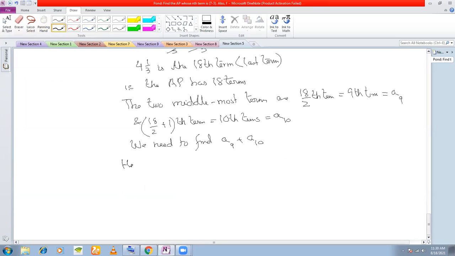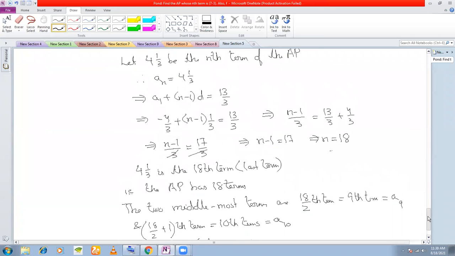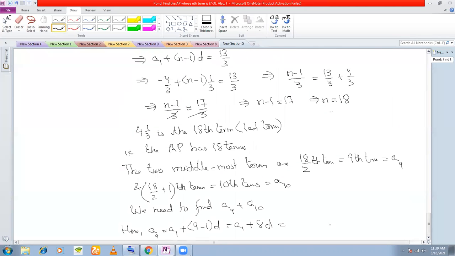So here A9 is A1 plus 9 minus 1 into D, A1 plus 8D. And A1 here is minus 4 by 3 plus 8, D here is 1/3. So minus 4 by 3 plus 8 by 3, which is 4 by 3. This is the 9th term.